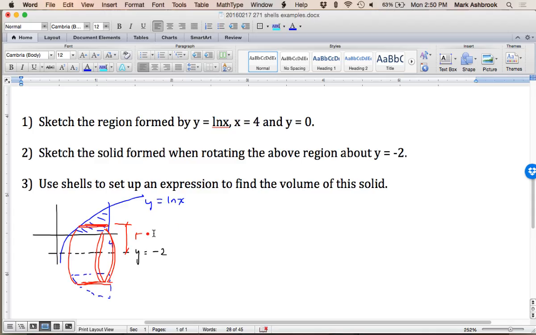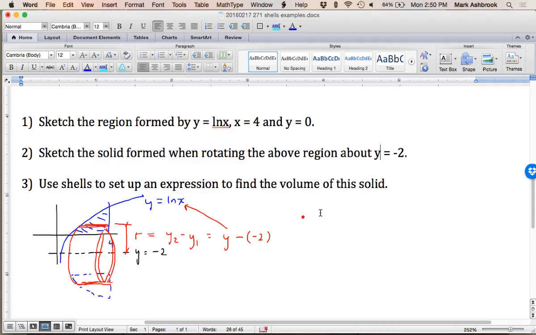It's an upper Y, say Y2 minus Y1, where Y2 is the Y coordinate of this up here. So Y or ln X, we'll see what we need in the end. It's going to be this Y right here. And what's Y1? Minus negative 2. So that's the radius. Y minus negative 2 is the radius.